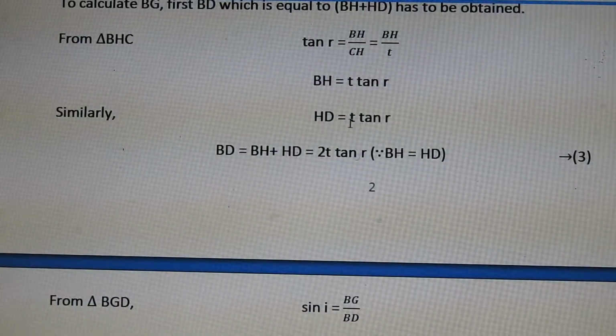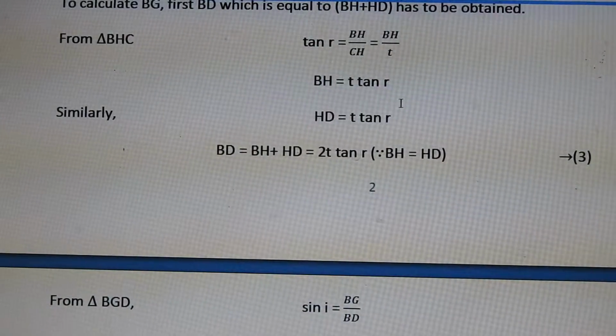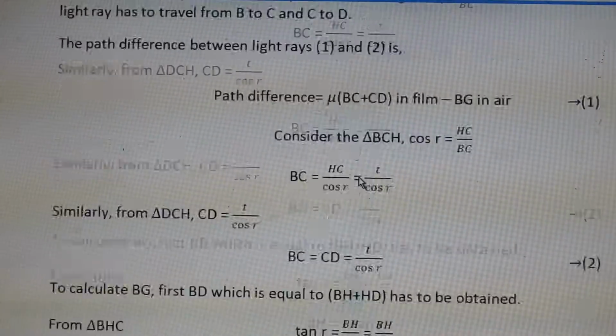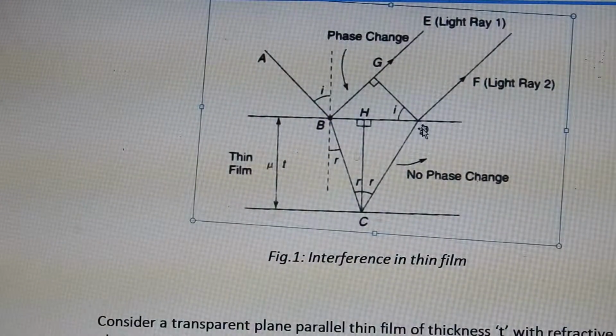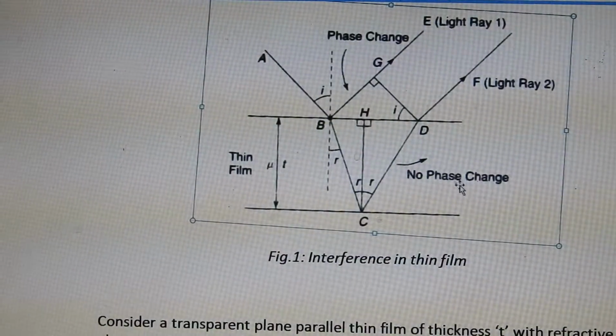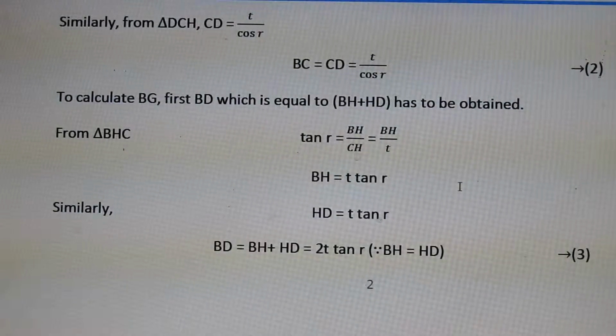So HD is equal to T tan R, the same, because both halves are equal.